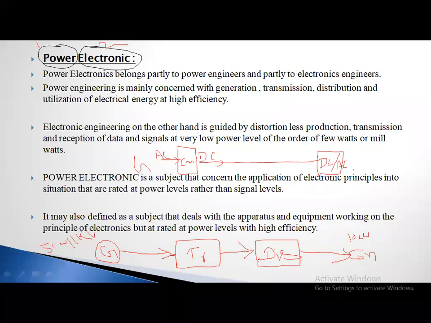So we cannot use low power semiconductor devices in these circuits. We definitely need to use high-rated power semiconductor devices. Then only can we convert the high power and transfer it from the generating station to the receiving station.